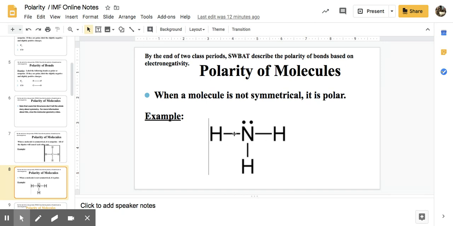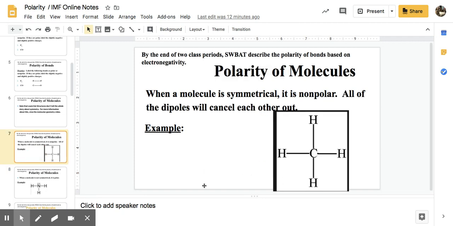These two would cancel each other out, so we would just do it for the N and this H. So this would be negative, and this would be positive, but you don't have to. The question didn't ask you for that.